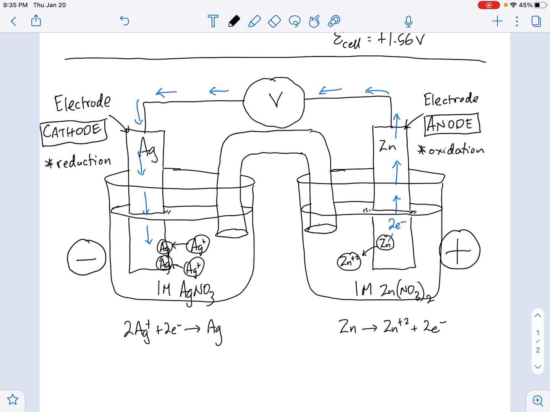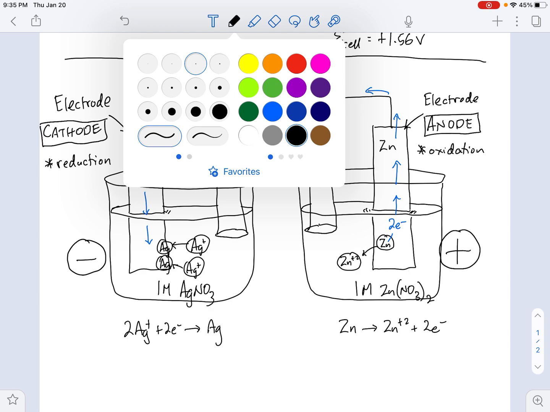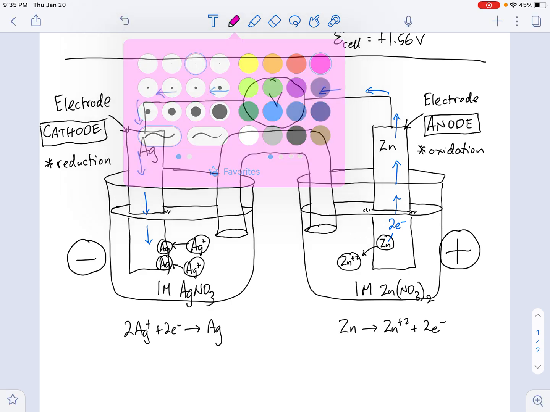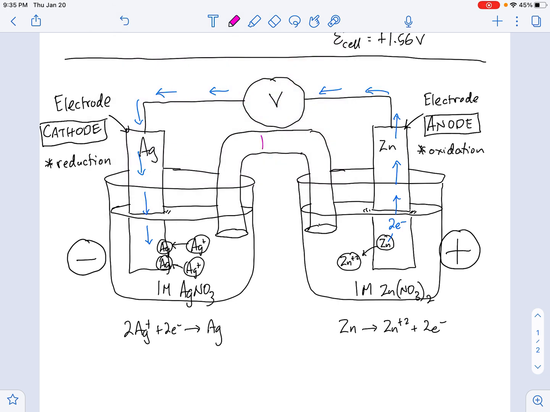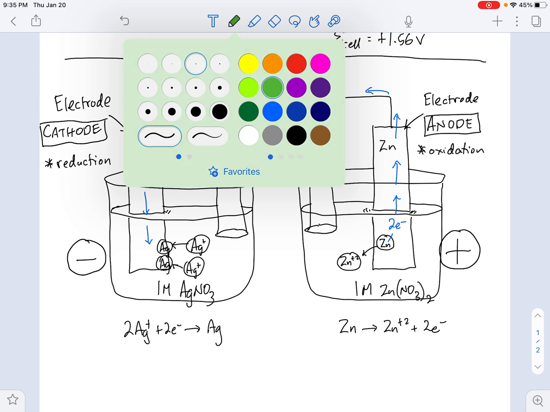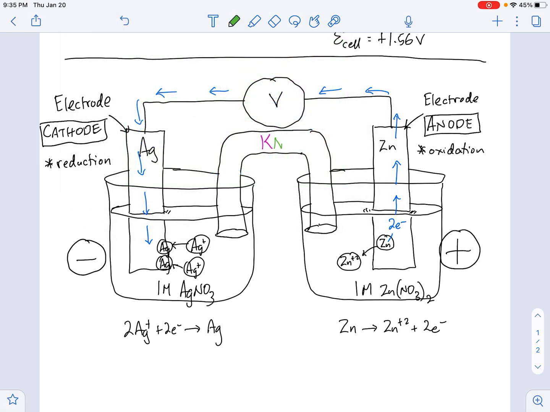I'm going to use a little bit of color. I'll go with pink. Potassium, I'm going to go with green. So potassium nitrate, and there's a reason why I'm actually using color coding on this.